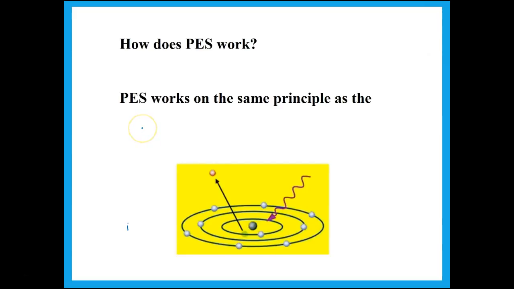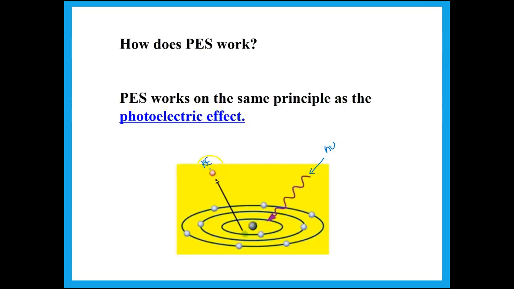Okay, so how does PES work? PES works on the same principle as what we call the photoelectric effect. Basically what Einstein predicted was that if we provide a photon of a specific energy, h nu, that's the energy that we can calculate that photon has, then that will release an electron that has some sort of kinetic energy.